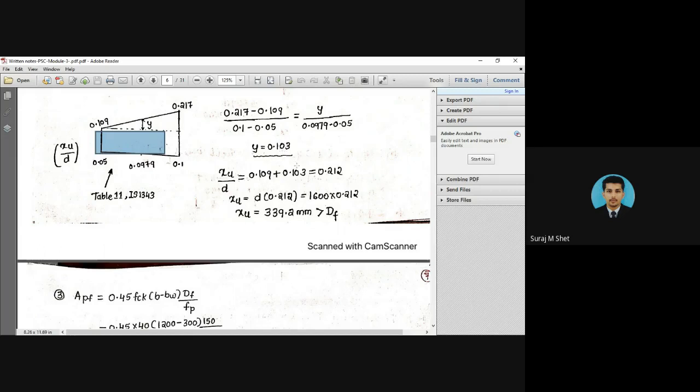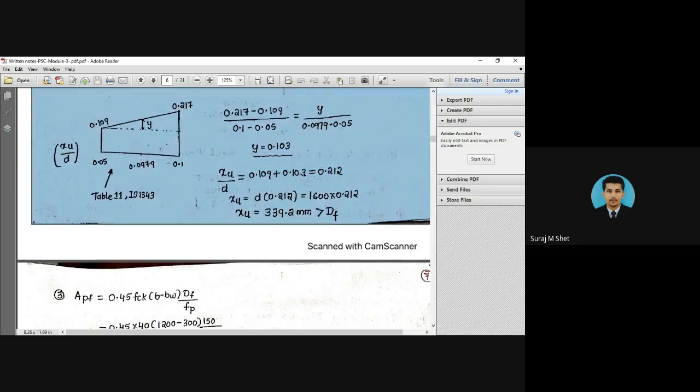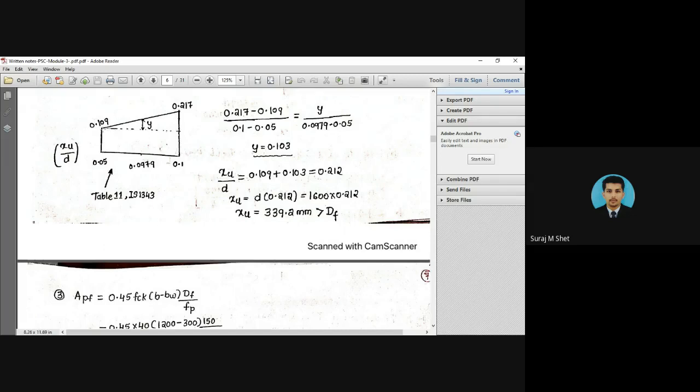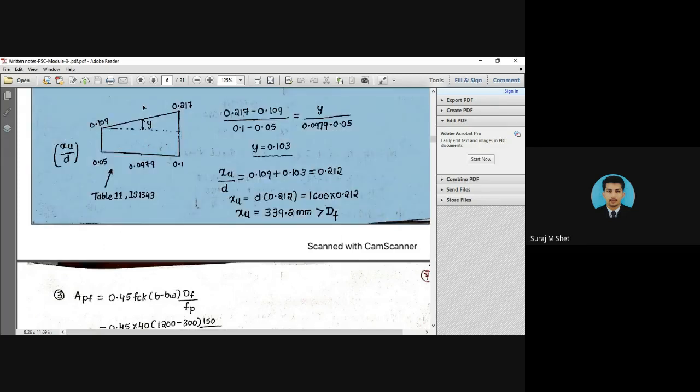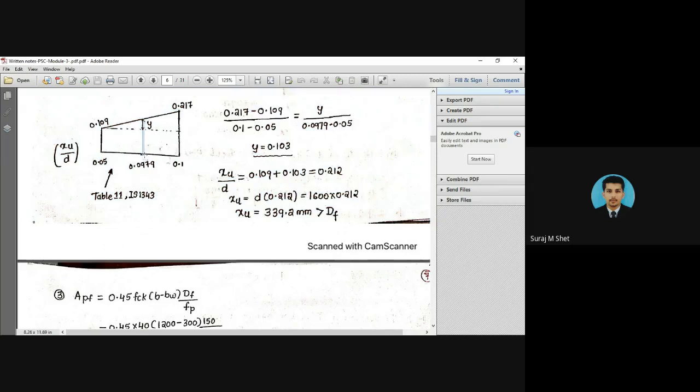Y value is 0.103. See, y value is 0.103 plus this value, whatever this section, rectangle section. Throughout this rectangle section, the value is 0.109. So the 0.109 value is from here to here. So 0.109 value plus this y value will get the XU by D from the section. XU by D from the section like this.